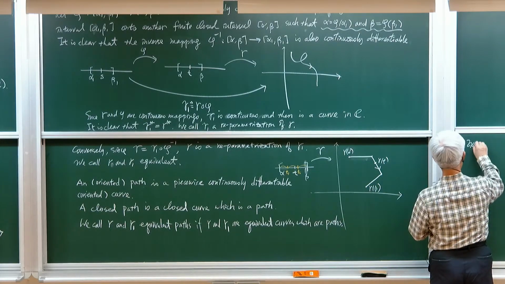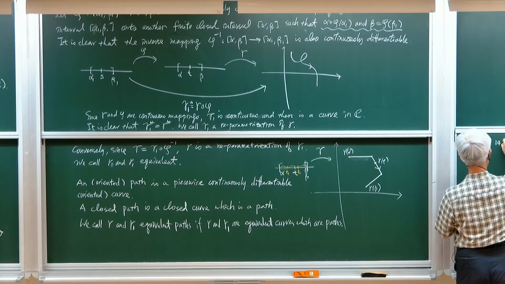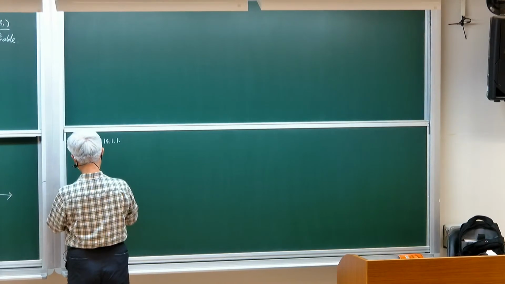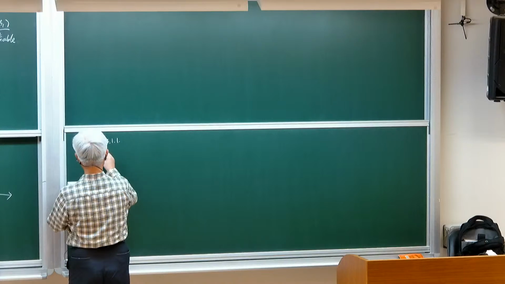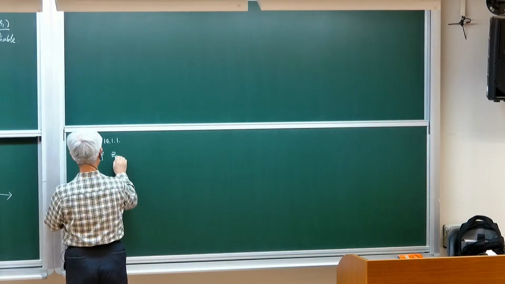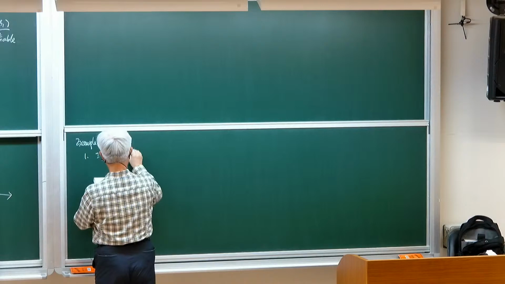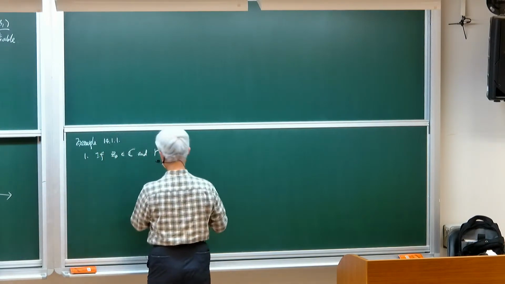An important example would be, if we select a point z sub 0, and R is positive.